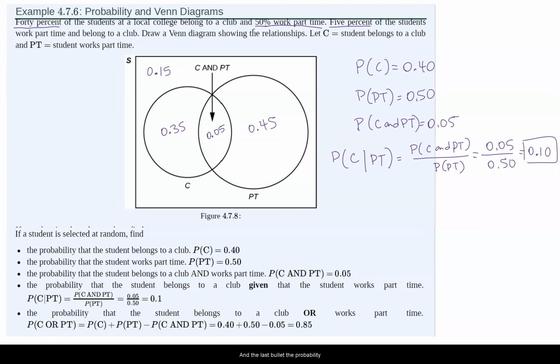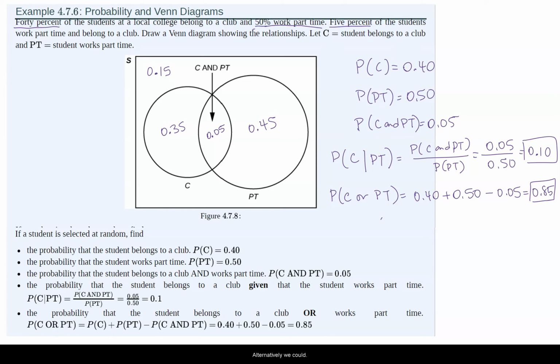And the last bullet, the probability the student belongs to a club or works part-time. So we take the club, 0.4, add to it part-time, 0.5, and subtract out the double counted overlap to get 0.85.